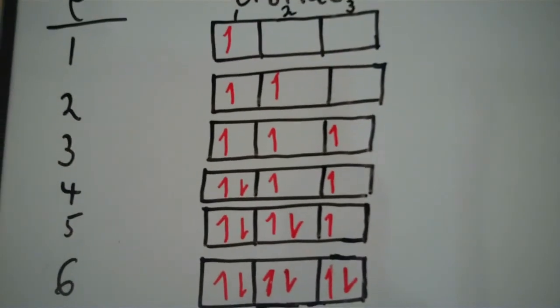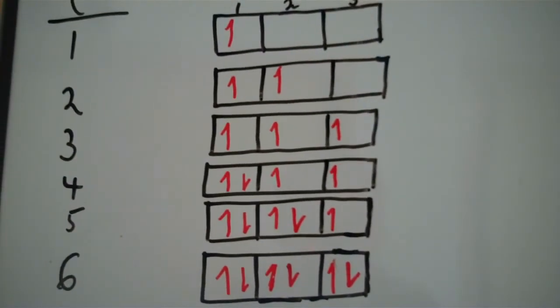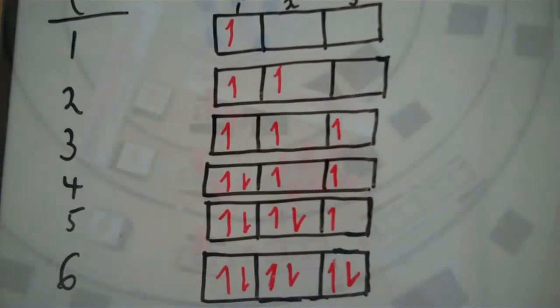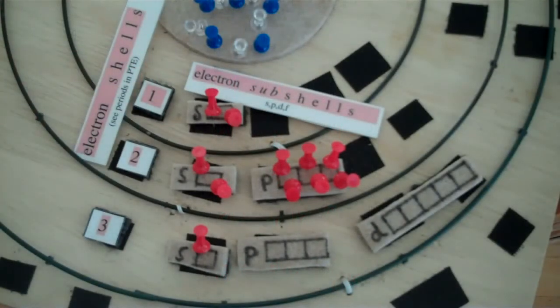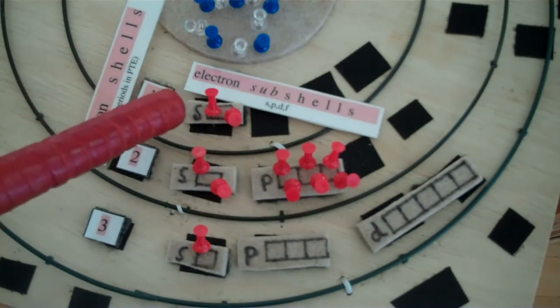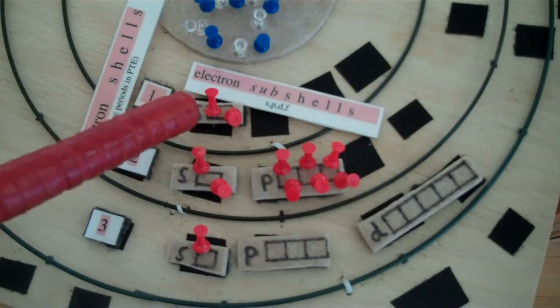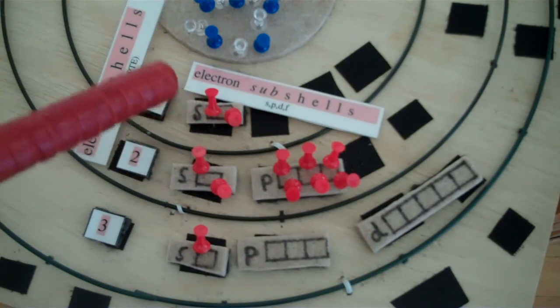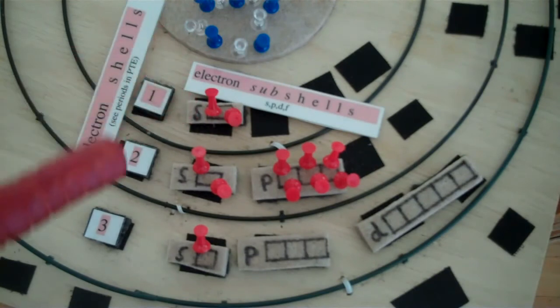That electrons in the same orbital have to have opposite spin is called the Pauli exclusion principle. This is how the electron configuration of sodium looks in Andy's electron configurator. In shell 1, subshell S, 2 electrons with opposite spin forming 1 orbital.